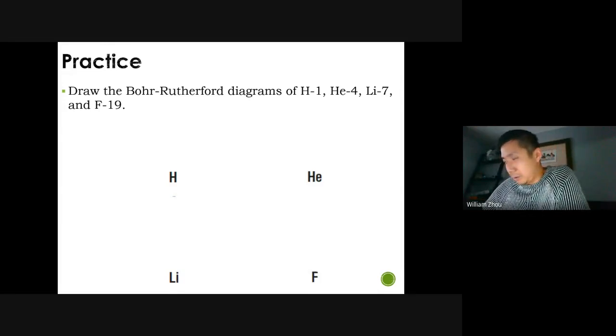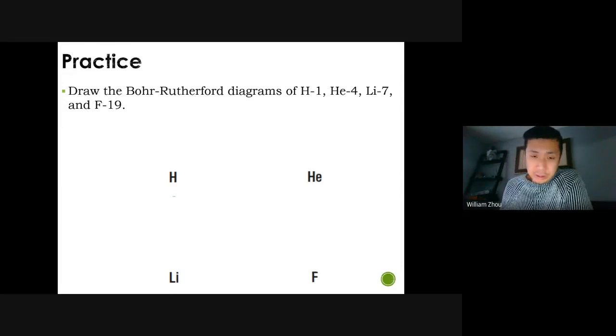Okay, anyone encounter any difficulties? Because I can't see what you're drawing, so I don't know. Do we need to write anything in the nucleus? Yes, you do.